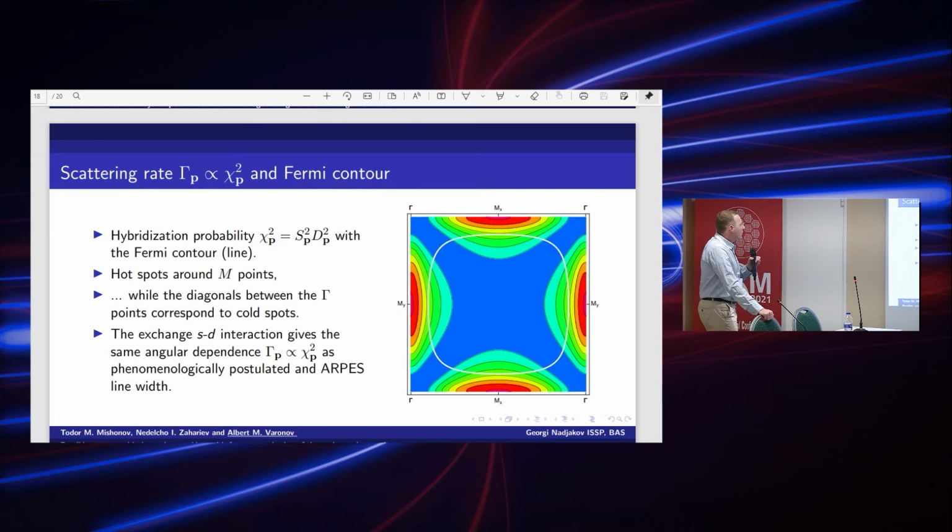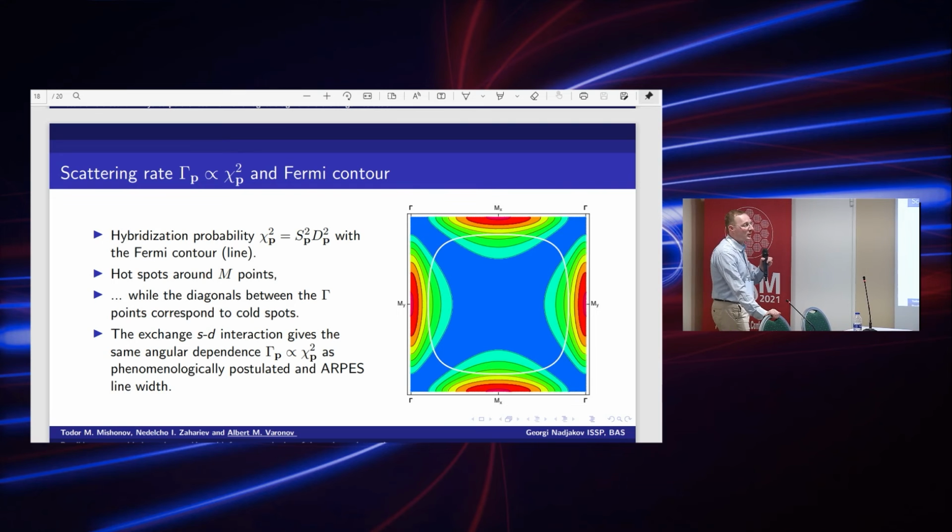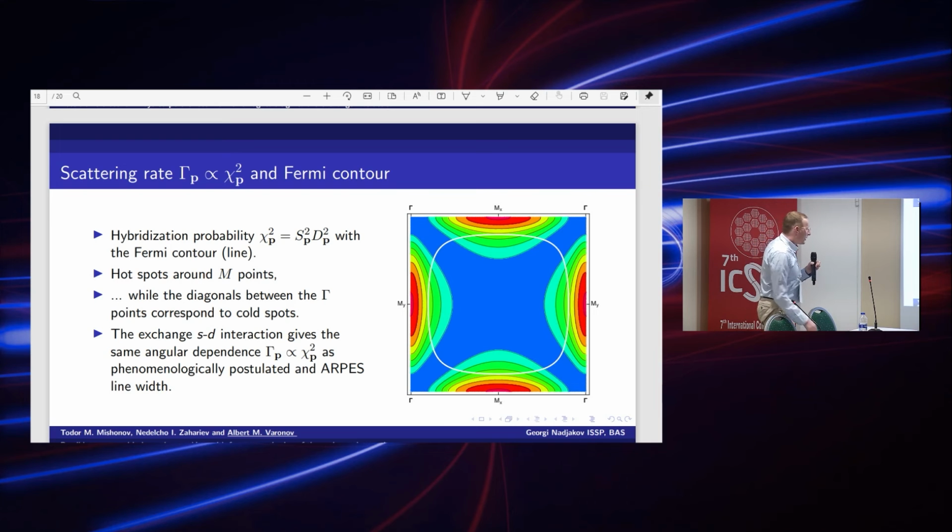And finally, this is the scattering rate which we have obtained. It doesn't matter the sign of the exchange interaction because it is squared alongside the Fermi contour, and we see the hot and cold spots in our calculations, like shown in the ARPES data.